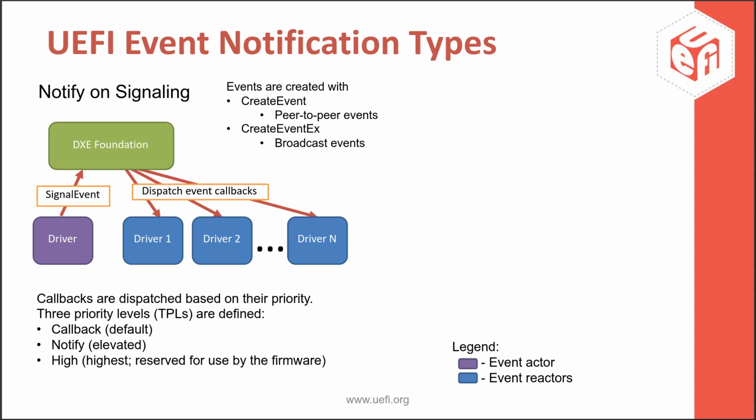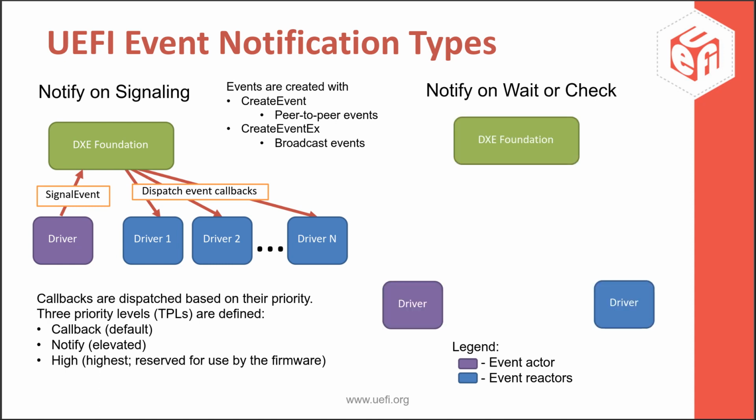Events are created using the create event or create event X service. Create event is primarily used for binary to binary notifications, and create event X for broadcast events, like on this picture, where we have a single driver that signals an event and multiple consumers.